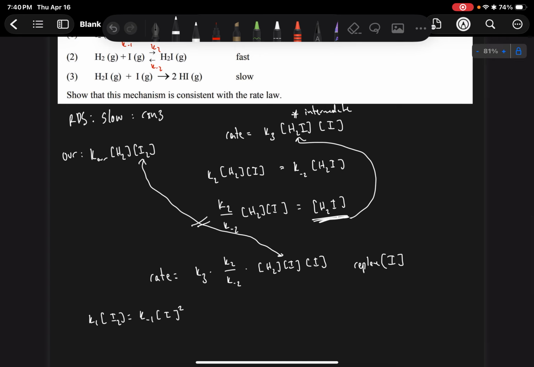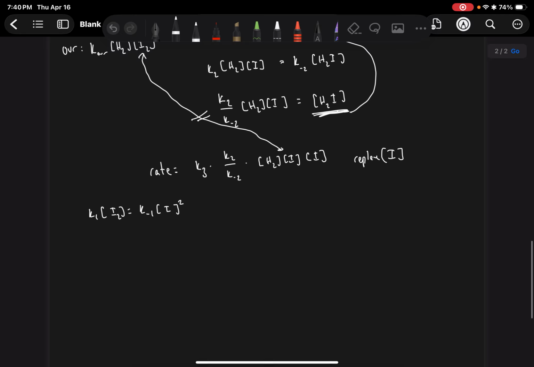Don't forget that because we got a coefficient there. Almost forgot that. So now we need to replace I. Well, K1 over K minus 1 I2 square root is equal to I.